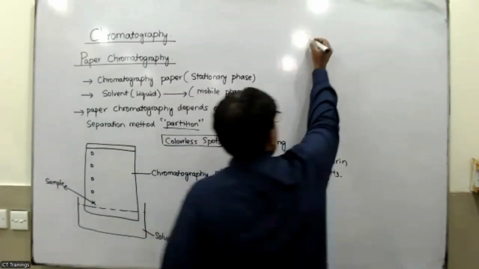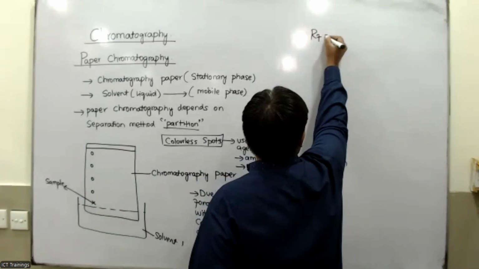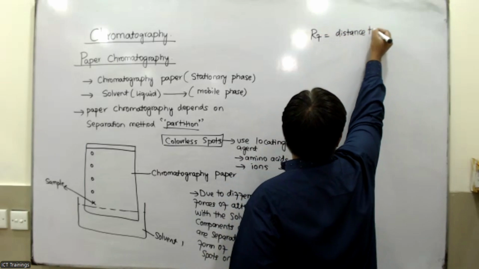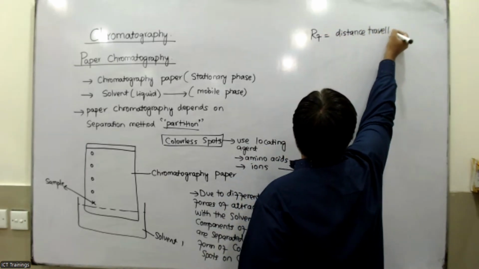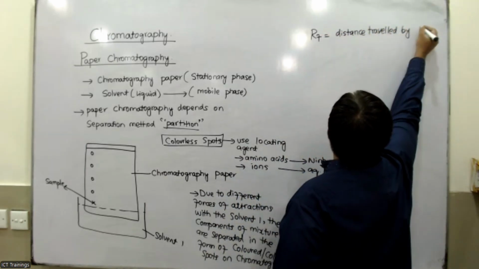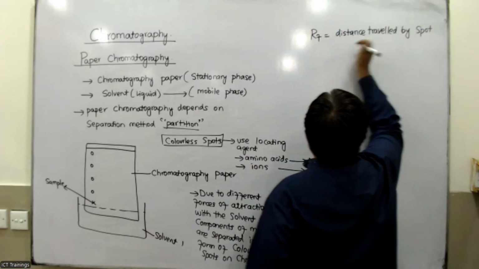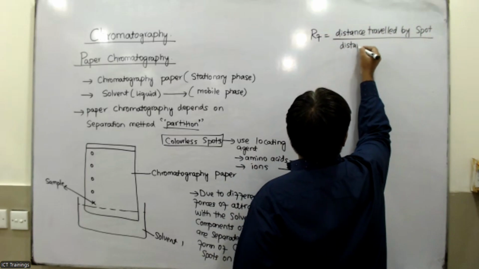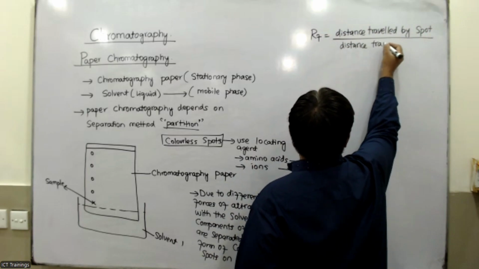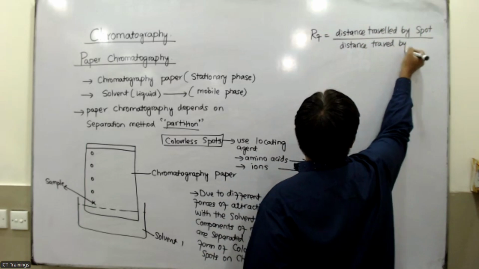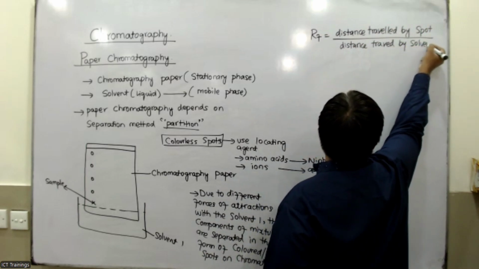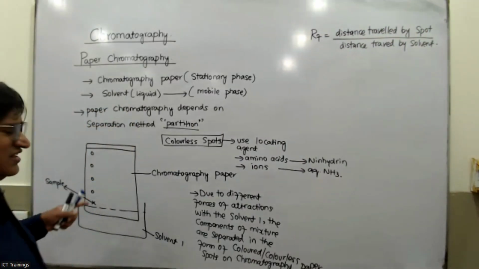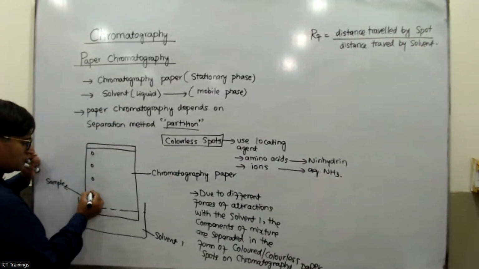The Rf value can be calculated by the distance traveled by the spot divided by the distance traveled by the solvent. So you calculate the Rf value of these different spots, and how would you do it?